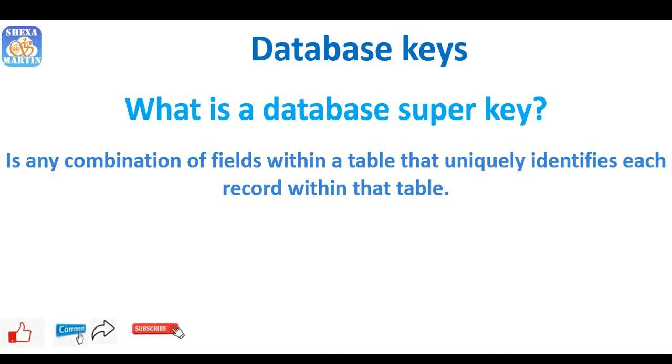By the formal definition of a table, we know that the tuples of a relation are all unique. Like I said, in any relational database table, all the records or all the tuples are unique. So the set of all attributes itself is a super key, like I said earlier.